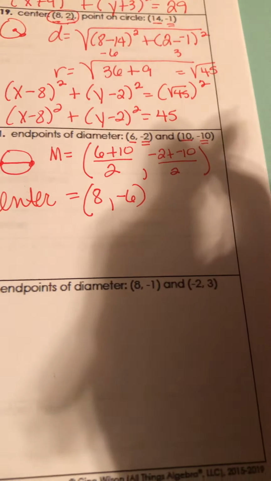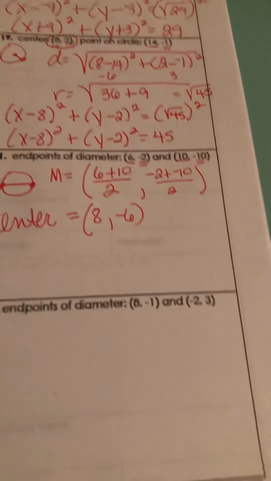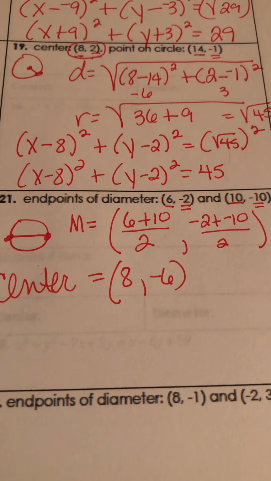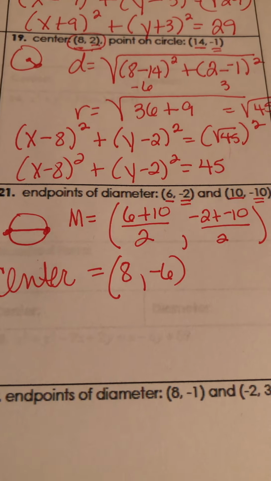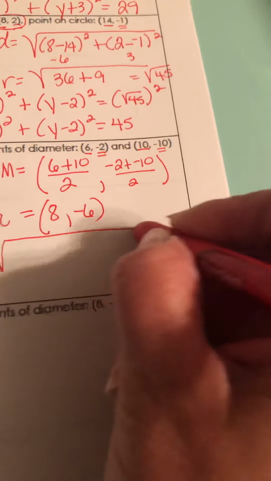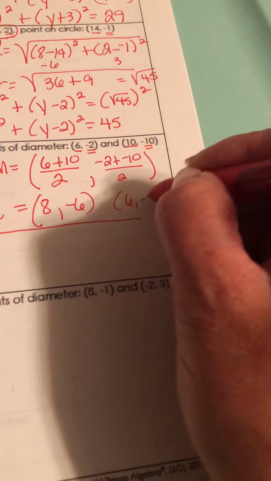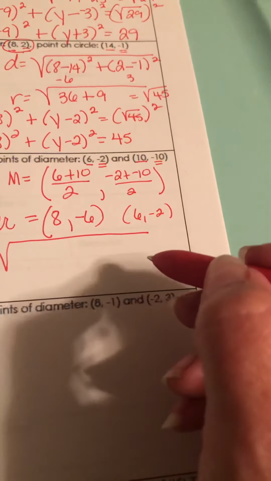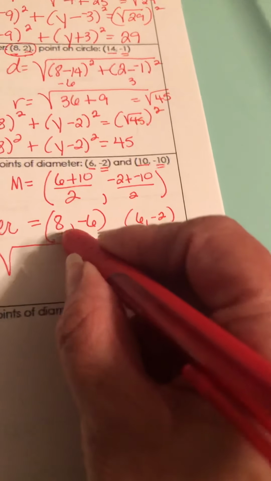Now that I have the center, I need to go ahead and find the length of the radius, because once I know the length of the radius, I can write my entire equation. All right, so let's go ahead and do the distance formula. The square root of, now that I have my center, let's pick one of these other points up here. It doesn't matter which one, but we need the center and another point so we can find the length of the radius. So let's do our x's.